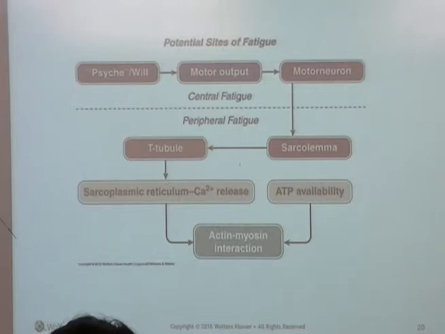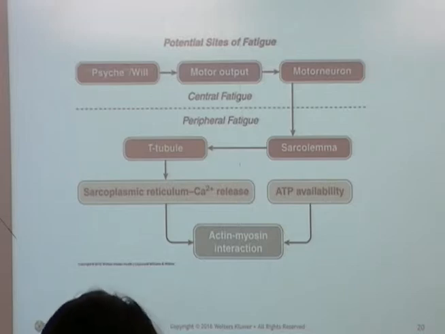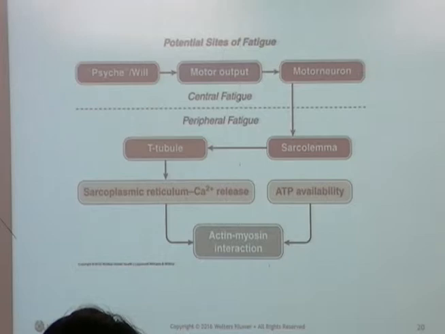It's very hard to run out of all food substances, so I can't maintain aerobic work. So we don't see a lot of fatigue in aerobic work. We've got to go for quite a long time before we see fatigue in an aerobic event.